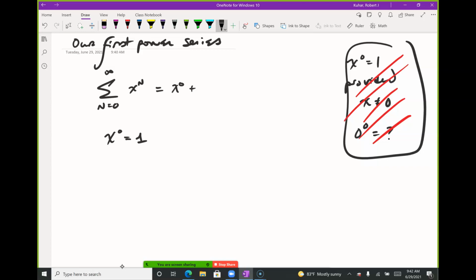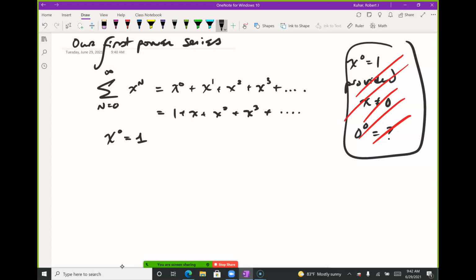And then plus? X. Yep. Plus x squared, plus x cubed, plus dot, dot, dot forever. And so, of course, that can be rewritten as 1 plus x plus x squared plus x cubed plus dot, dot, dot. And you can see why it's called a power series, because the power of x is just increasing, right?